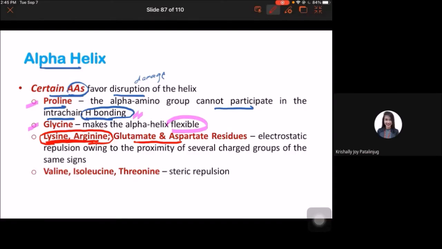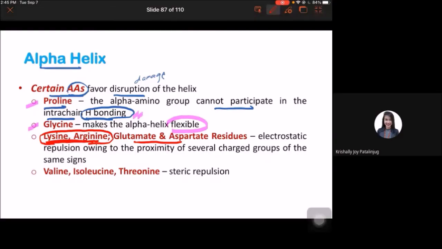If they accept proton, tama, so positively charged. Proton is positive, no? So they will really become positively charged. And then kapag naman acidic, negatively charged.